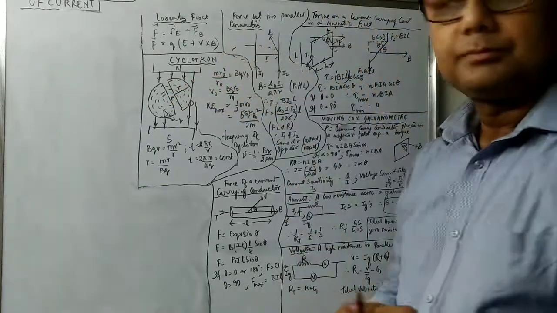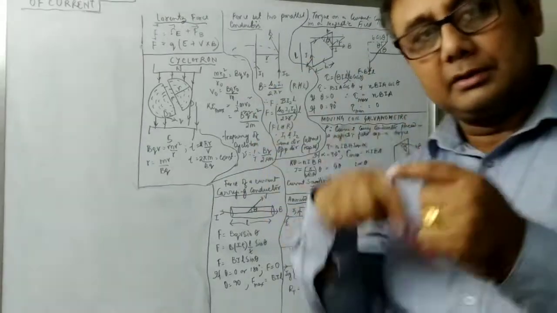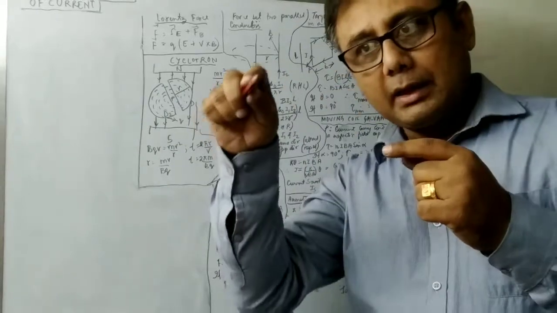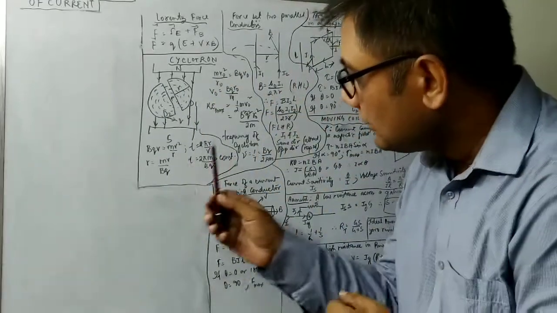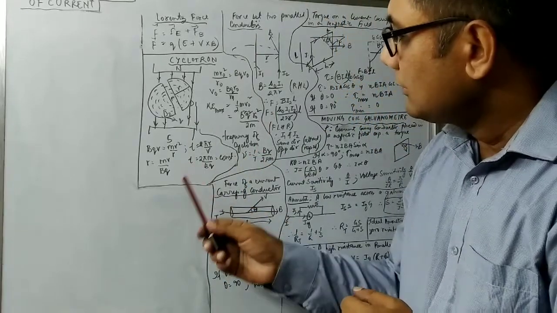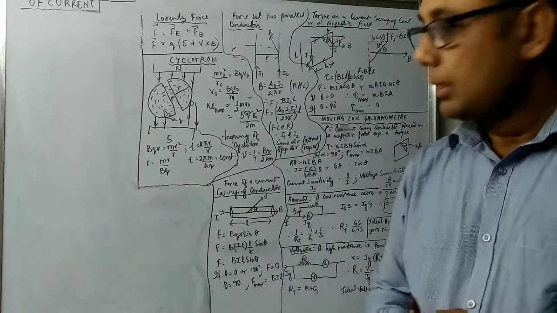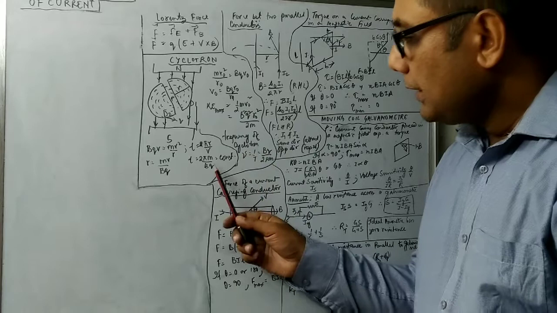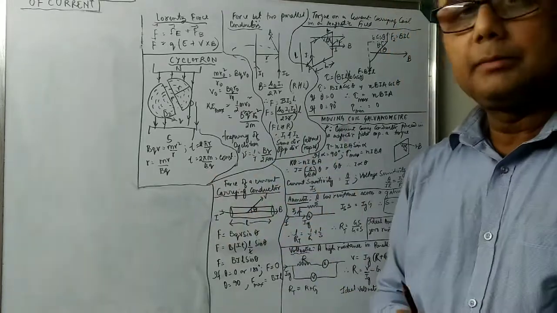Time is distance by velocity. The distance is 2 pi r, it is pi r and pi r. So 2 pi r by velocity. From there we can find out the time period required.